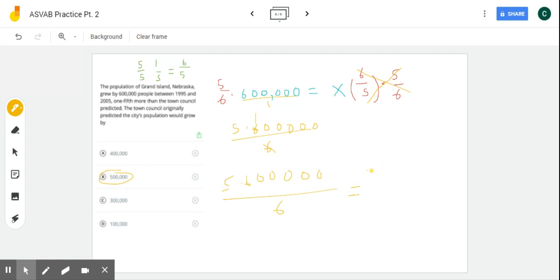Just to write it out, 30, and then add our 5 zeros, divided by 6. Okay, that's just multiplying this out again, just doing it a different way. 300,000 divided by 6. 30 divided by 6 is 5, so 500,000 is our answer.